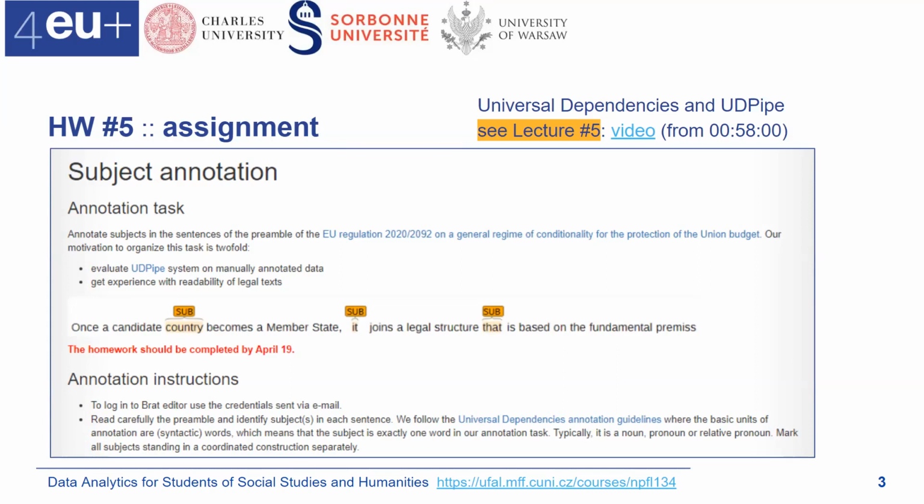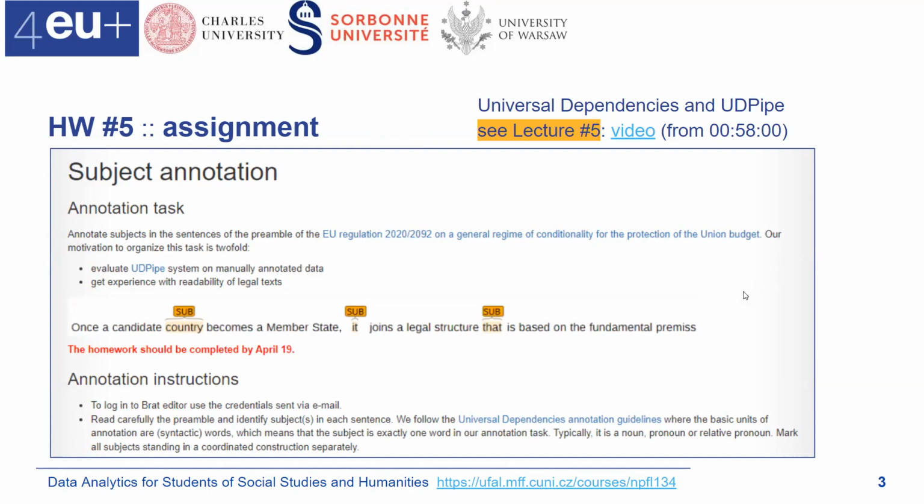Our motivation to organize such an annotation task was to first get experience with the readability of legal text, and we will be speaking about it in detail today, and then to evaluate an automatic system for syntactic analysis on manually annotated data.